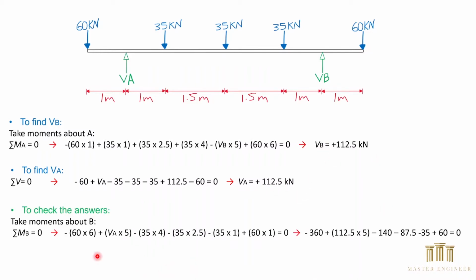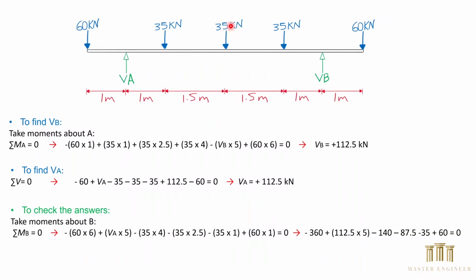To check our answers, we take moment about B. The sum of all moment at B should be 0. We have minus 60 acting anti-clockwise, multiplied by the distance 6 meter. Then we come across VA acting clockwise, multiplied by 5 meter. Then we have 35 kilonewton acting anti-clockwise, multiplied by 4 meter.